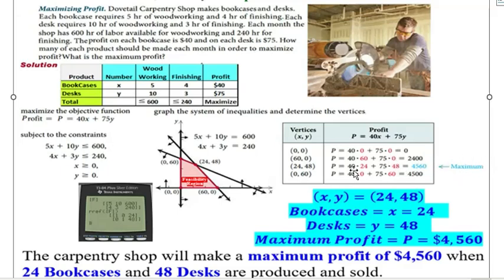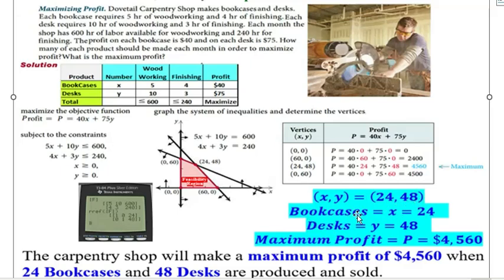And this is when you produce 24 bookcases and 48 desks, then you will end up with a maximum profit. And the absolute minimum is 0. When you produce 0 bookcases and 0 desks, then you make nothing, it is 0. So that means x is bookcases, y is desks, is 24, 48.